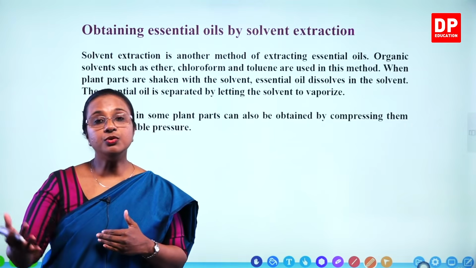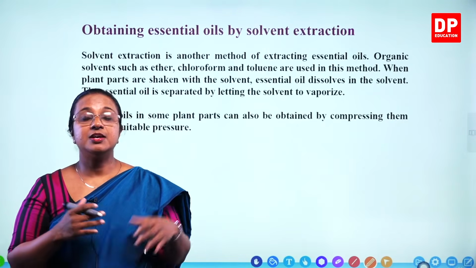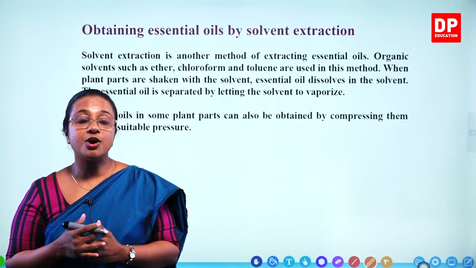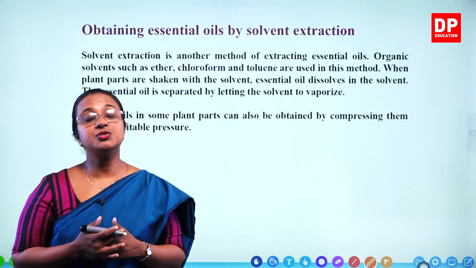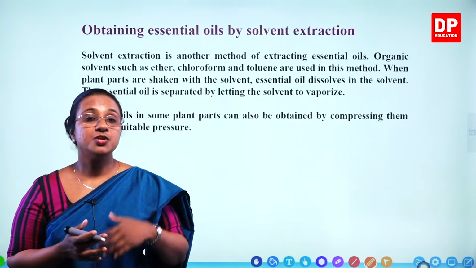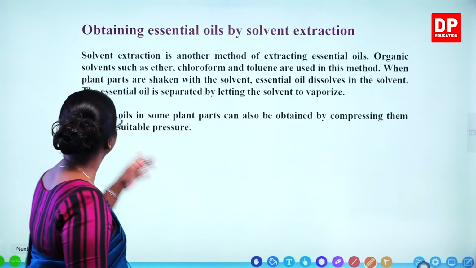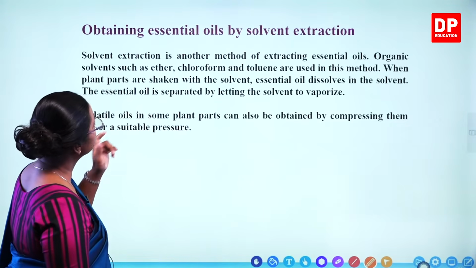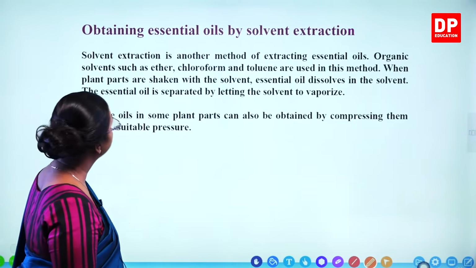So what do we do? We add solvent 2. Mix them together so that the essential oil from solvent 1 gets extracted to solvent 2. So that is the process of solvent extraction. Solvent extraction is another method of extracting essential oils.